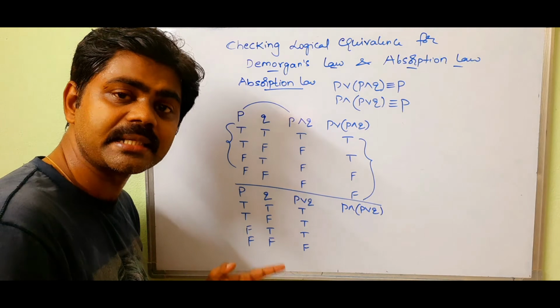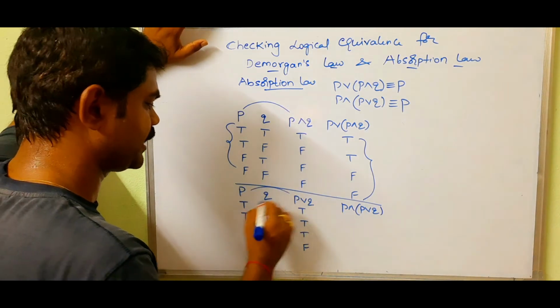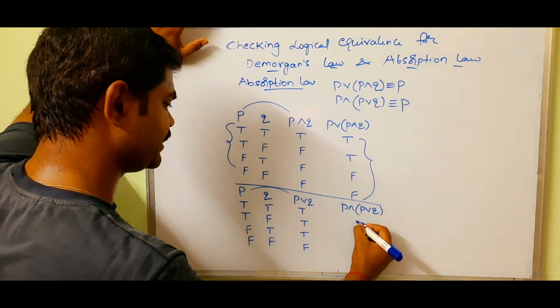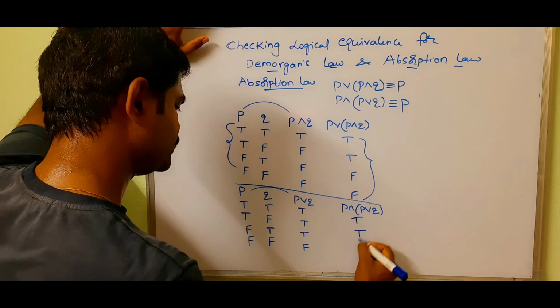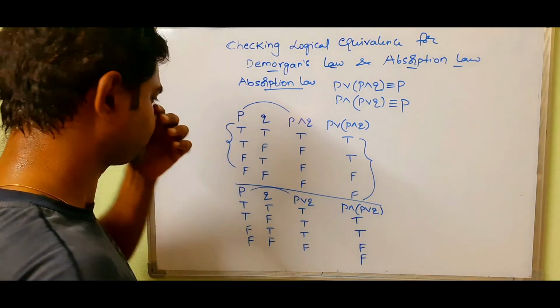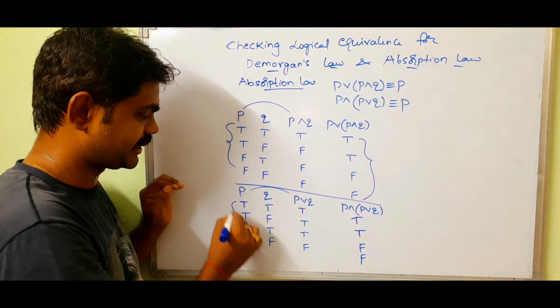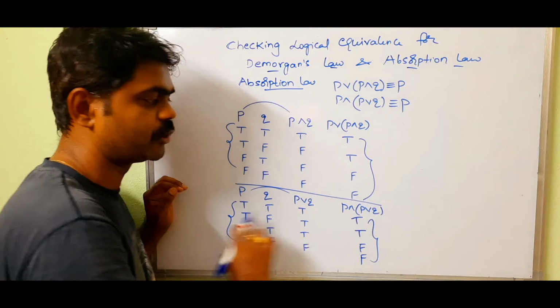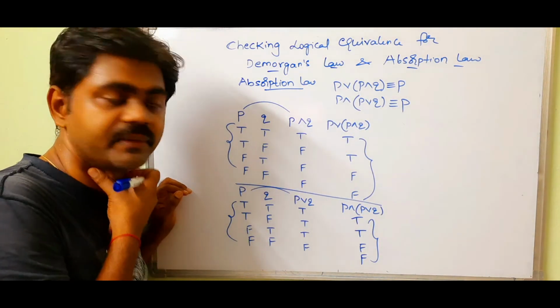What is P and (P or Q)? Both should be true. So true, true, false, false. So here I got true, true, false, false. P and (P or Q) should be equal to P, right?